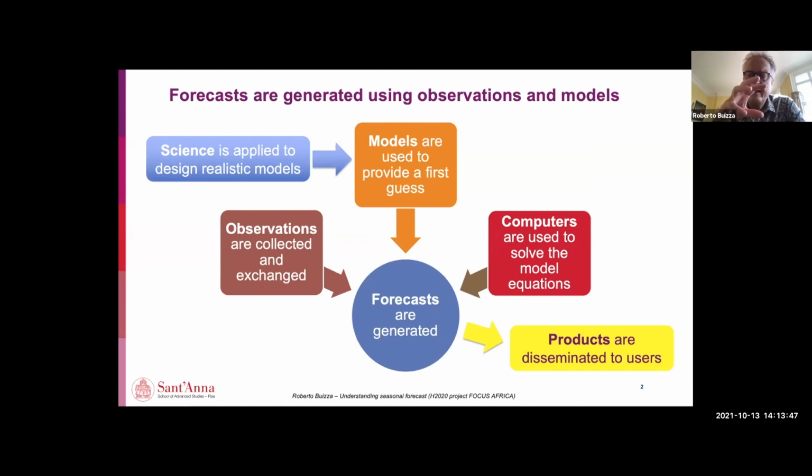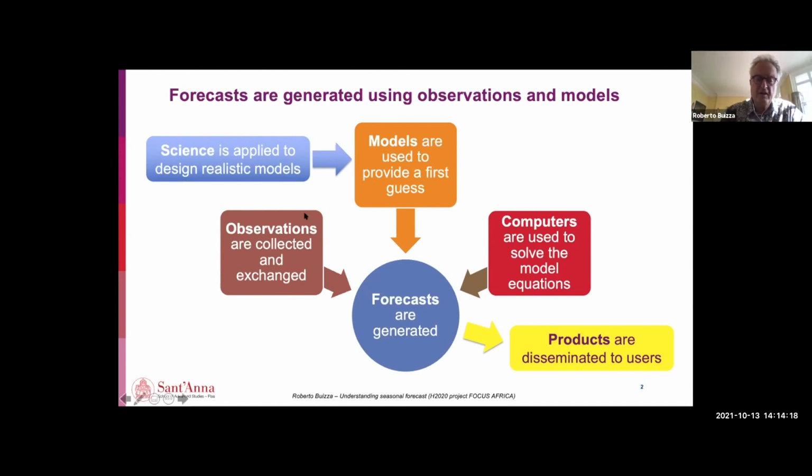Clearly, to then do a forecast, the first thing that we need to know is how is the weather today? And we need to know it over the whole globe if we want to predict the weather for the next weeks and months. Why? Because the weather moves, air masses move mainly from the west to the east. So if you want to know what's going to be the weather in Kenya in 7 days, you need to know more or less the weather everywhere over the globe, okay?